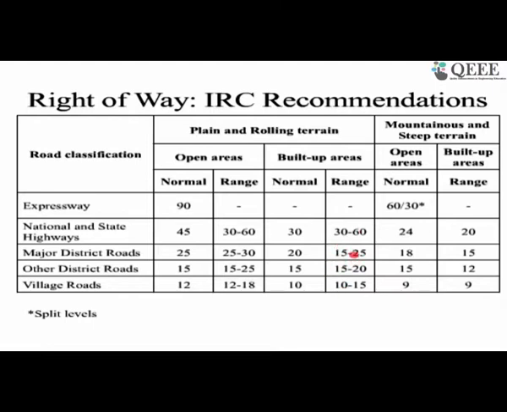For the urban classification of road, arterial and subarterial, in the cross section there are going to be curbs on either side of the roadway, and also footpaths on either side of the roadway. So that is what is expected. Based on that, you need to calculate the right of way.